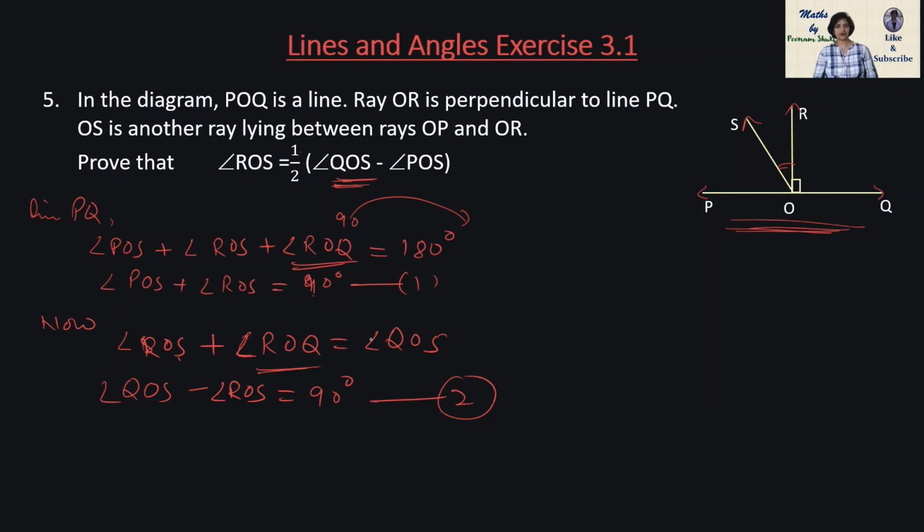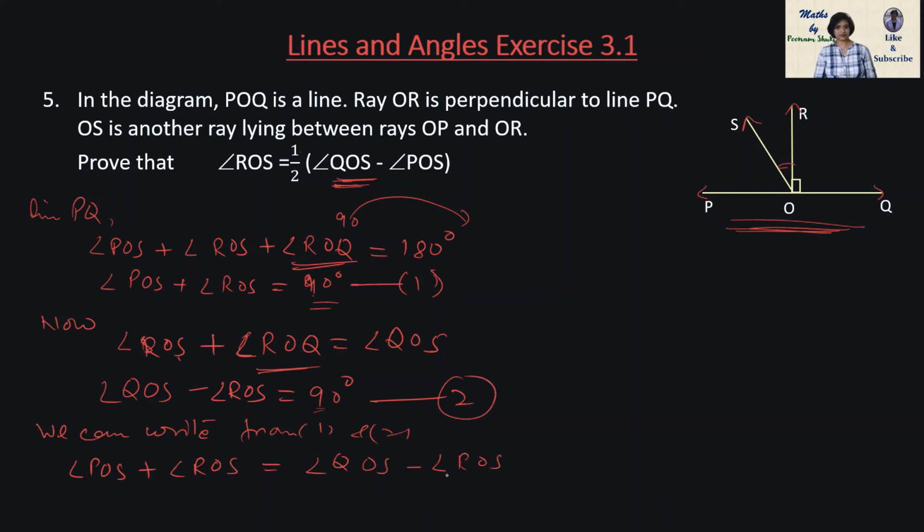Now from equations 1 and 2, we can see that these two are equal. So we can write angle POS plus angle ROS equals angle QOS minus angle ROS.